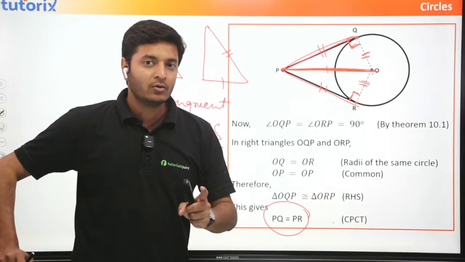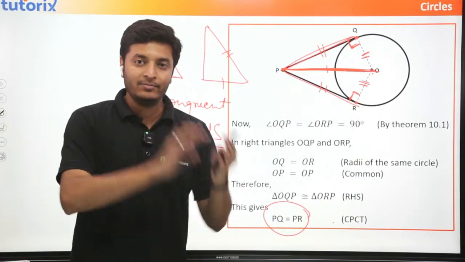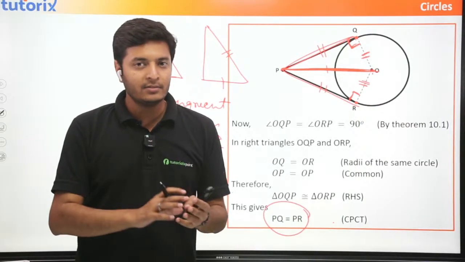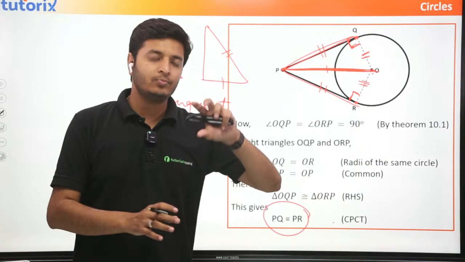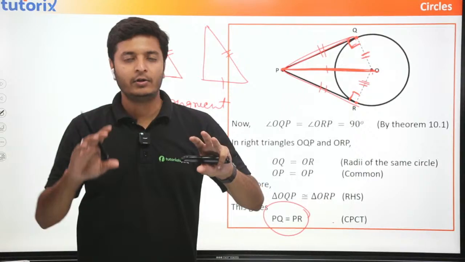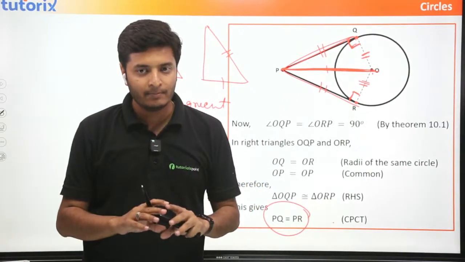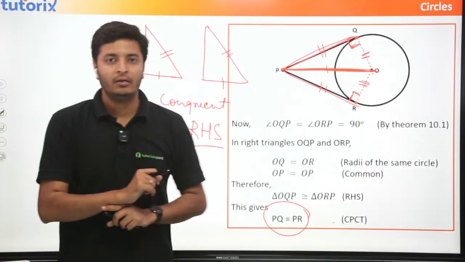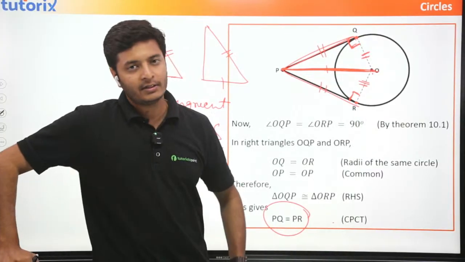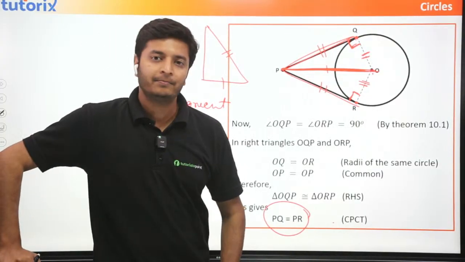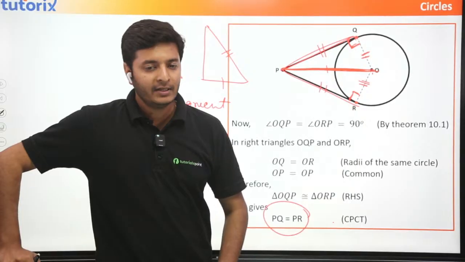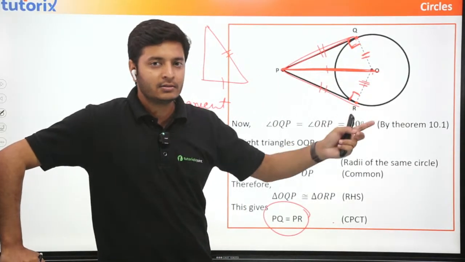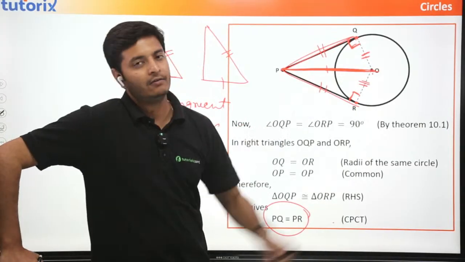Congruent triangles have the same shape and same size, so all the corresponding parts are equal. That is known as CPCT. And using CPCT, we can simply say that PQ is equal to PR.